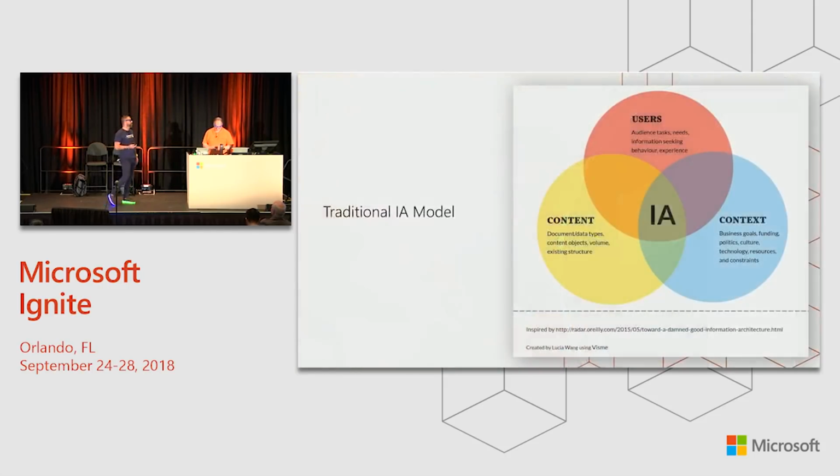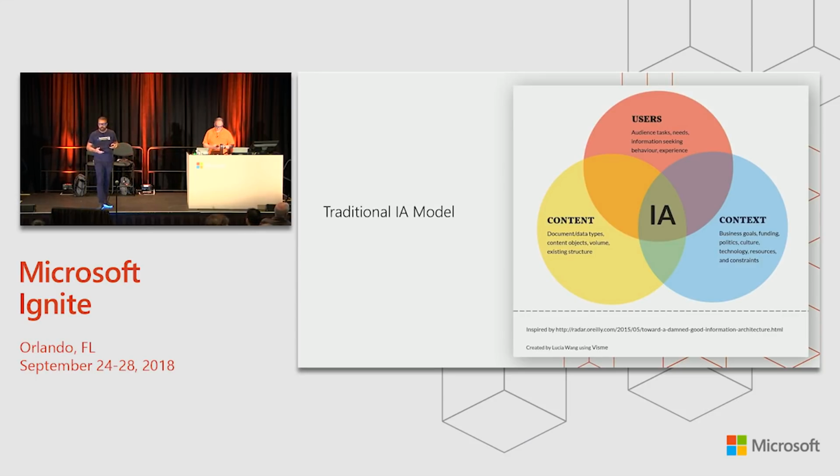So let's look at traditional information architecture. Everyone's seen this Venn diagram, right? We all know what it is, and we understand what it is. In this context, it's very different to what we know as knowledge management practitioners information architecture is, specifically when it comes to the Microsoft ecosystem and what happens there.